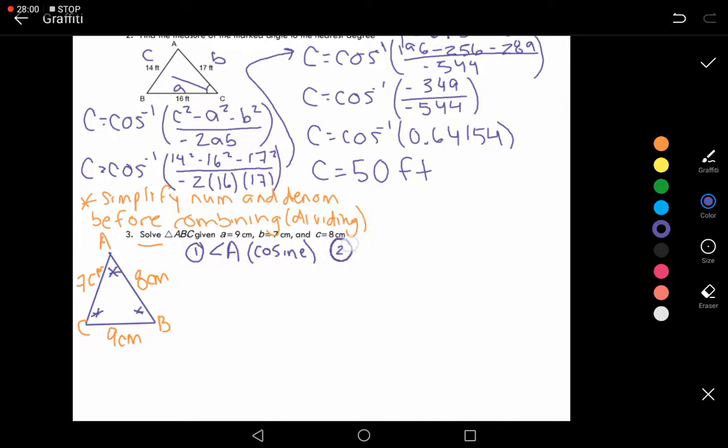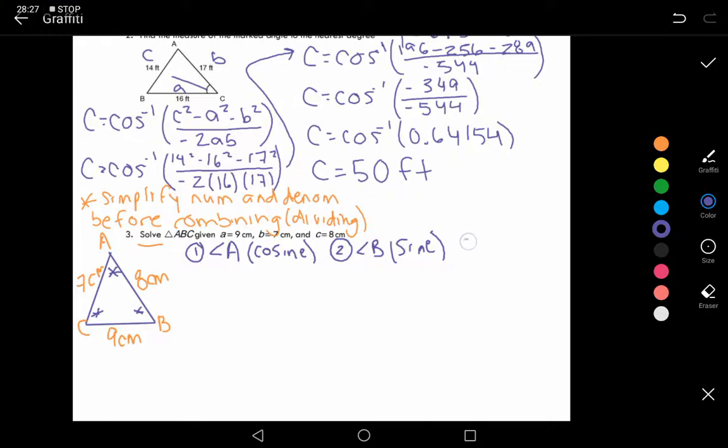Second, we're going to have to find another angle, so let's say angle B. Once you have a full ratio, if we solve for A using the cosine law, then we'll have a full ratio. Once we have a full ratio, why not just use the sine law? It's a bit easier. If you have a full ratio, use the sine law.